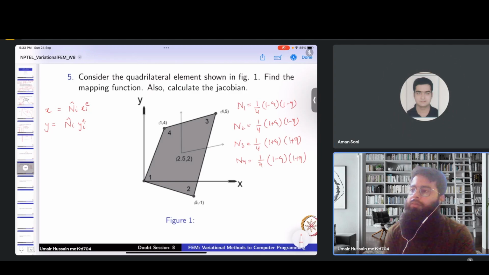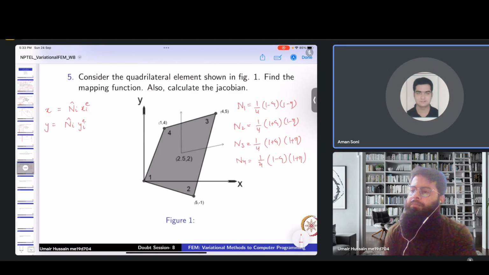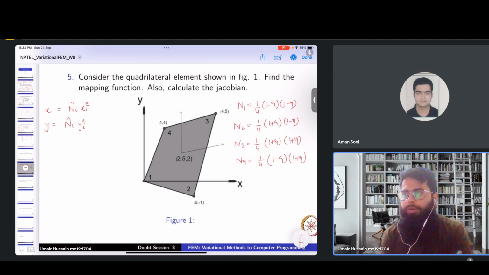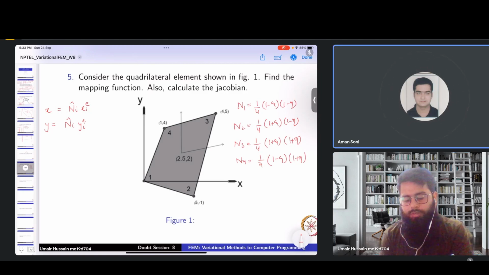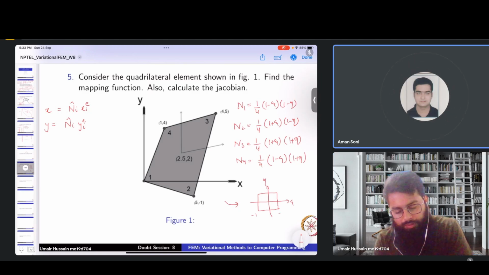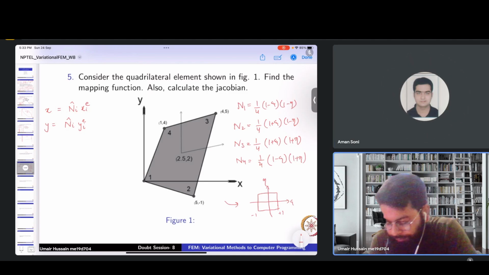So those four shape functions that you have written in this slide are for the master element, right? Yes, for the element that ranges from -1 to +1 in xi and eta coordinates. Okay, got it.